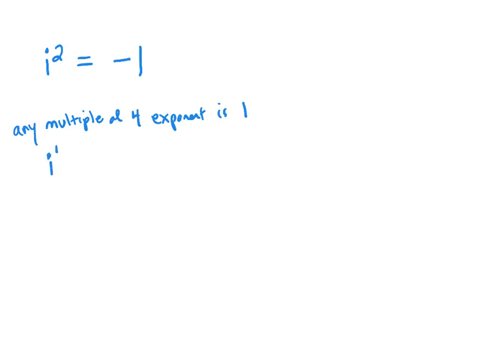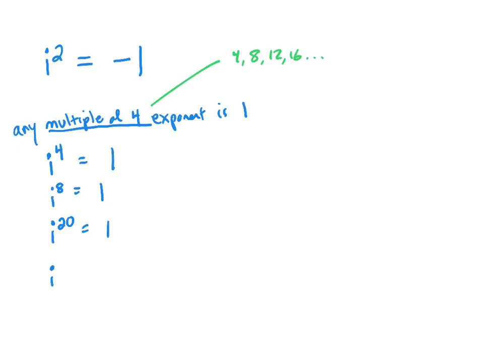So what I mean by that is i to the 4th would be equal to 1. Any multiple of 4. So multiples of 4 would be 4, 8, 12, 16, and then so on. So if we had i to the 8th, that would also be 1. If we had i to the 20th, 20 is a multiple of 4. That would also be 1. i to the 40th, that'd also be 1.